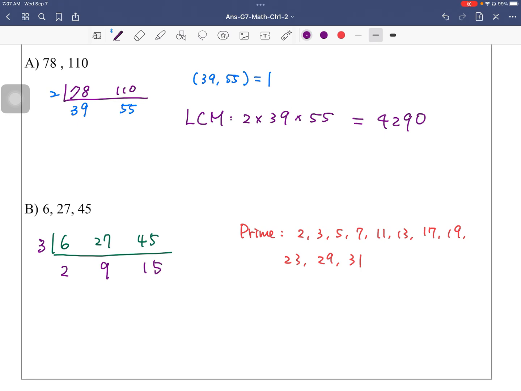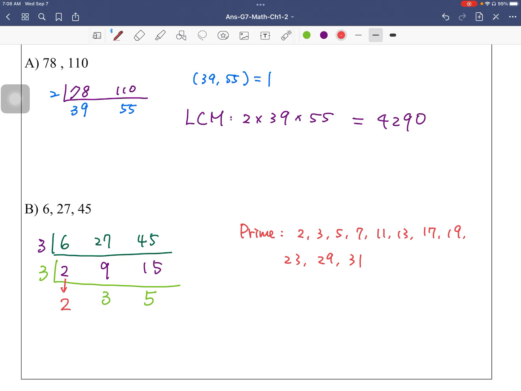Now since I'm finding the least common multiple, I want to continue the short division even if the factor isn't a factor of all three numbers. When 3 is a factor of 3 and 5, I can use it, and I just drop down the 2. So 3 and 3, and then 2, 3, and 5.